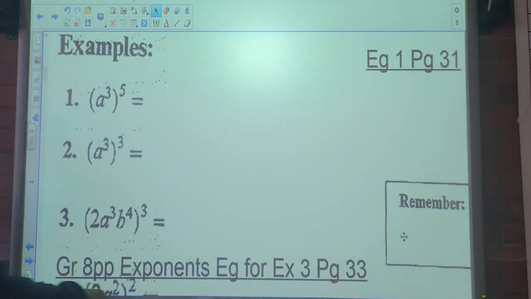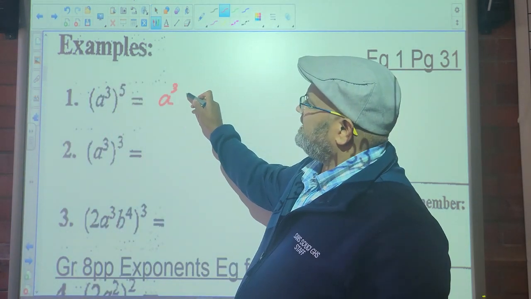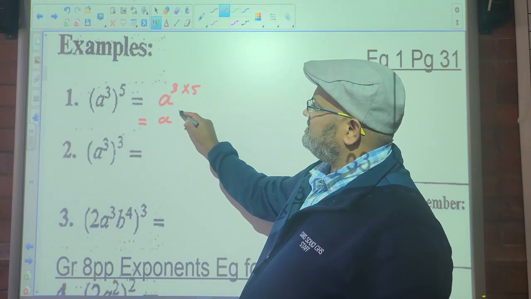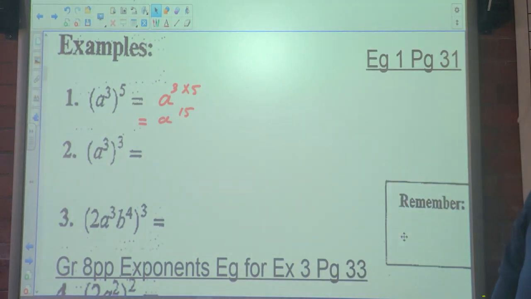What would this be? a to the exponent 3 times 5, which is a to the exponent... Do the next one quickly: a cubed raised to the exponent 3.